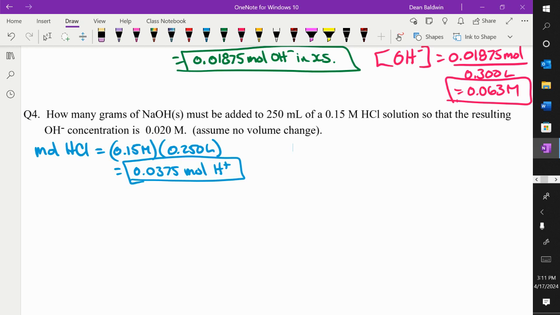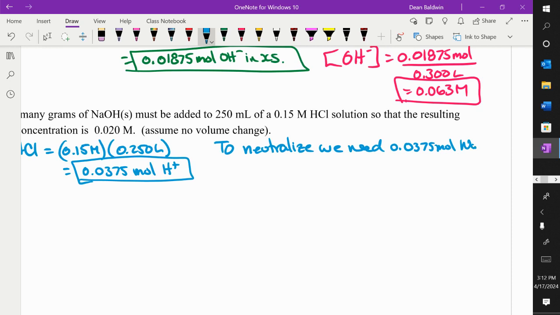To neutralize, we need 0.0375 moles of NaOH. Okay? That makes it neutral. So the pH in that is essentially 7.